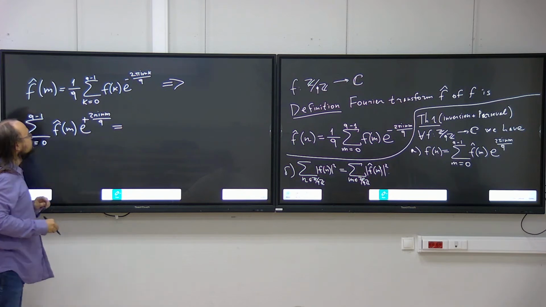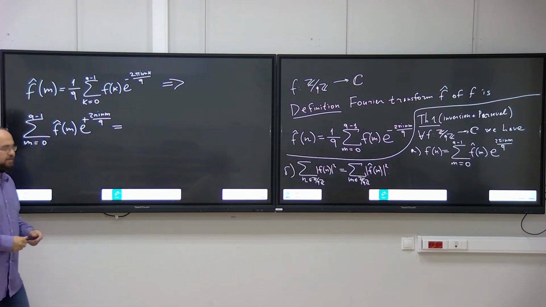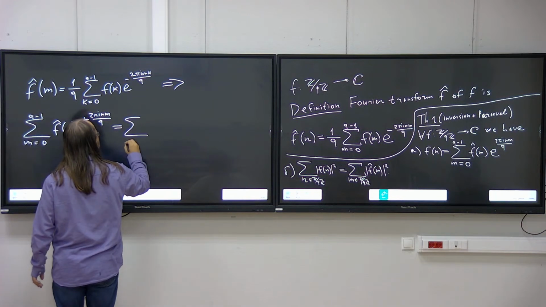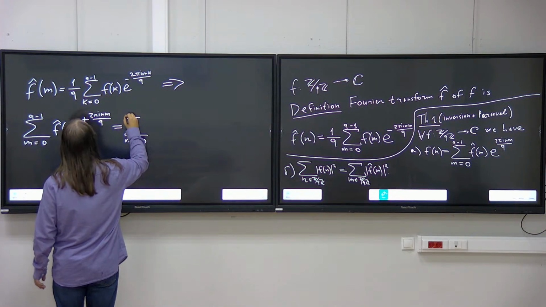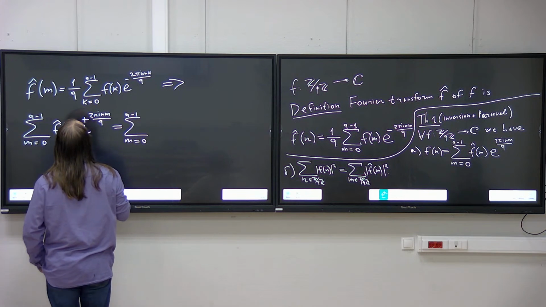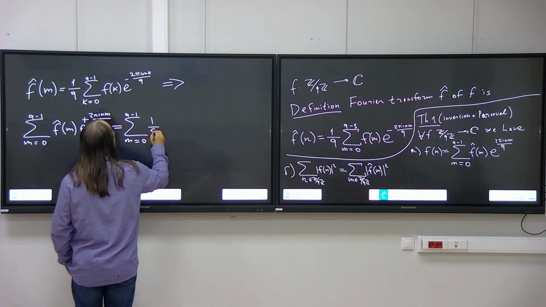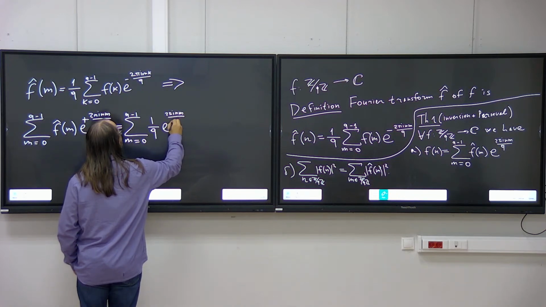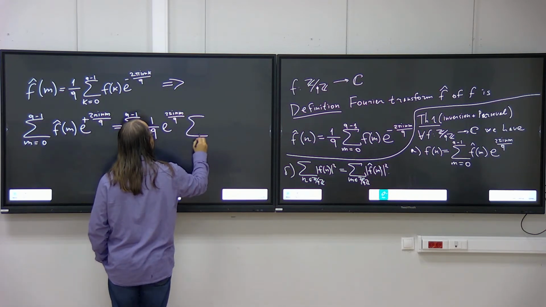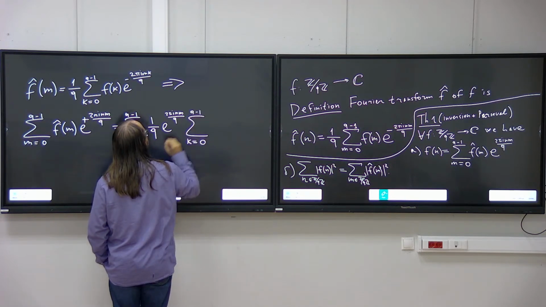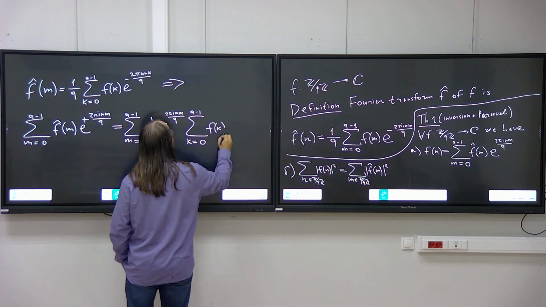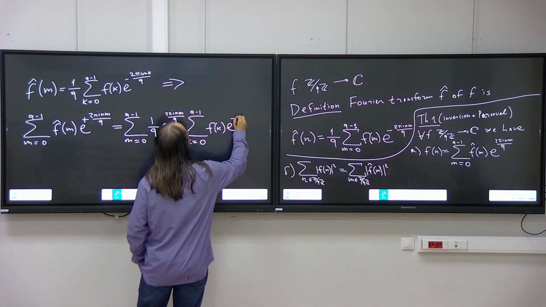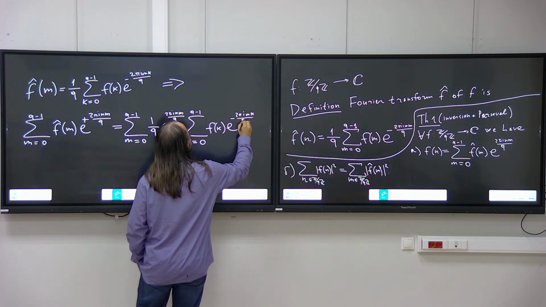Plus, we are going to get a double sum. So it is the sum over all m from 0 to q minus 1 of 1 over q e to the power 2 pi i n m over q, sum over all k from 0 to q minus 1, f of k multiplied by e to the power minus 2 pi i m k over q.